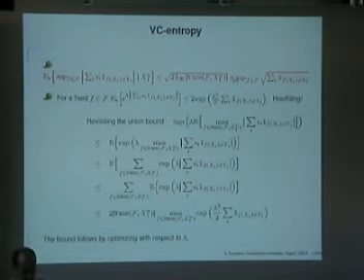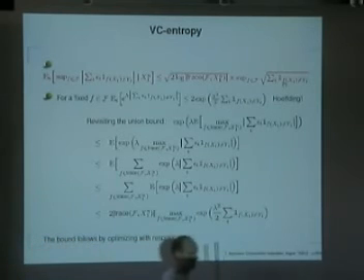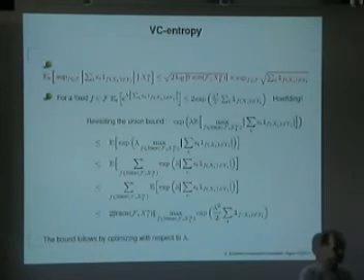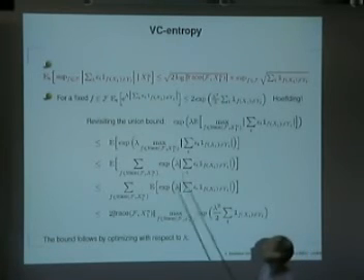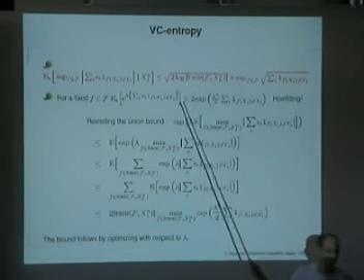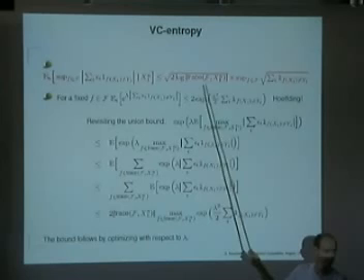Plus times the sup over all points in the trace. I mean, this is actually the largest vector in the trace. So now figure out what it means. Suppose that our sample is shattered. Then the log of the trace is just n.